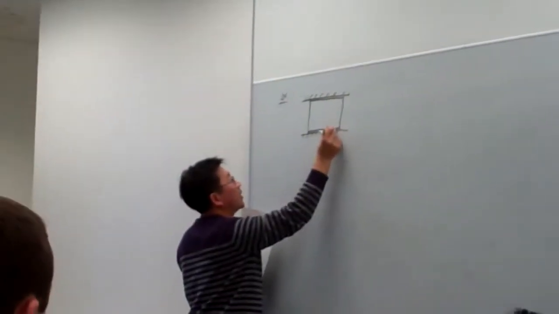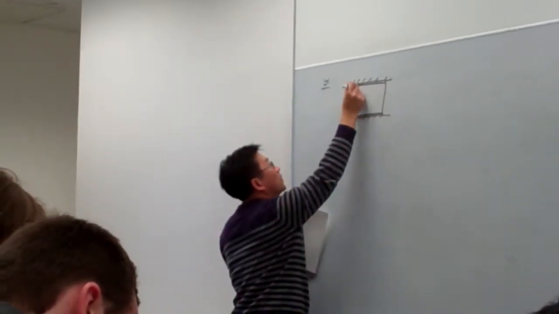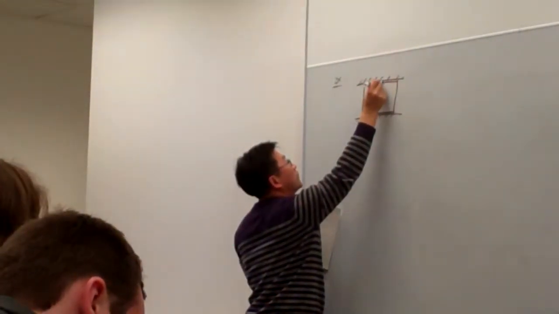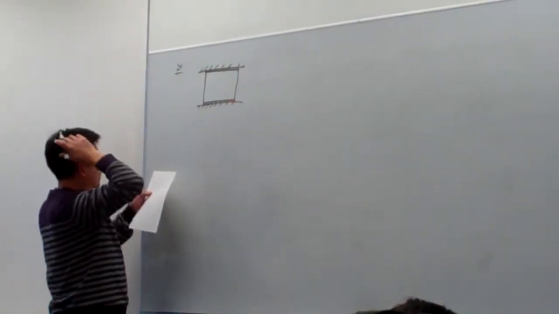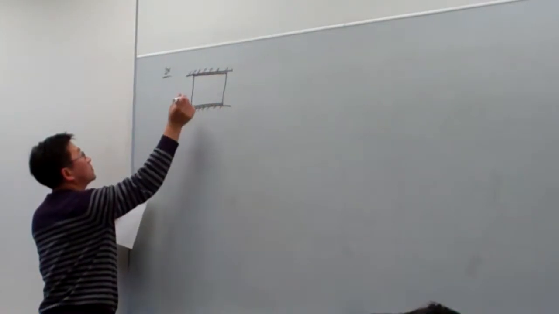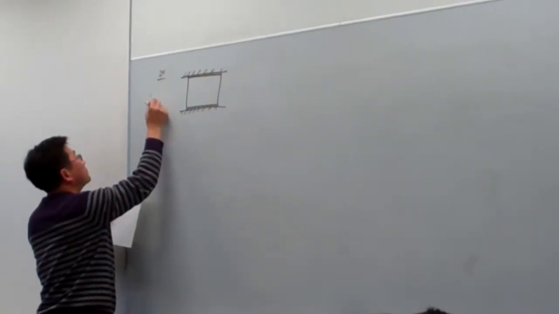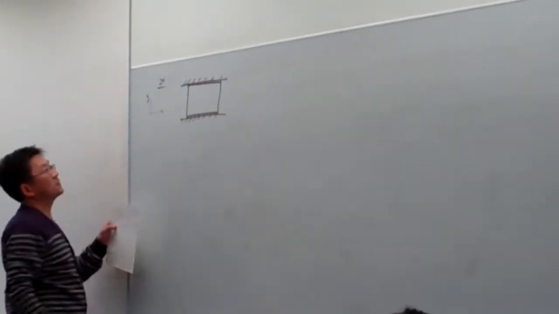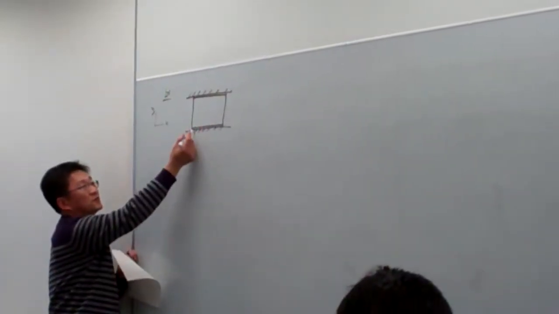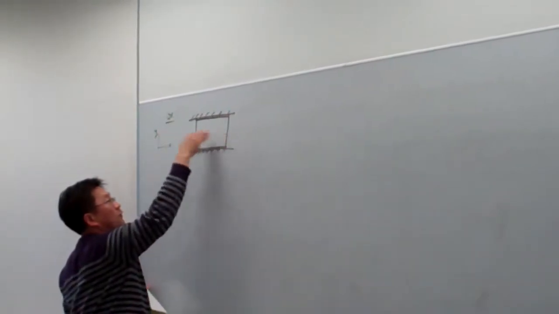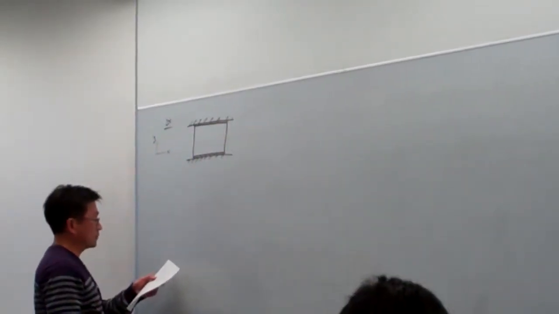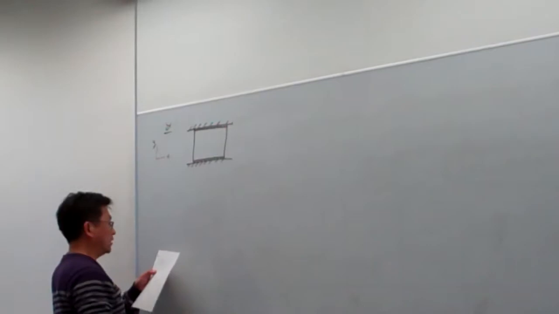So that means the rubber will be free to move along this direction. Let me call this direction the x direction. This is x and y direction. Here the roller is simply saying there's no constraint. They are free to move or free to deform in this direction. And this is an elastic material.